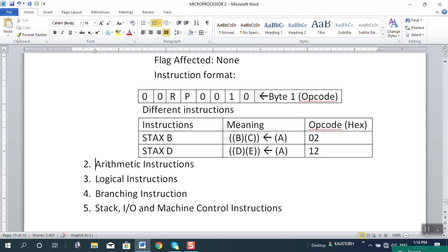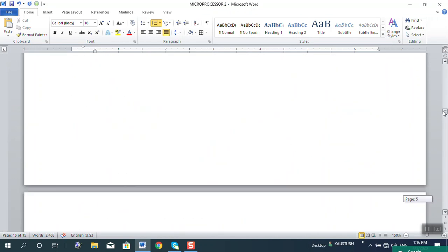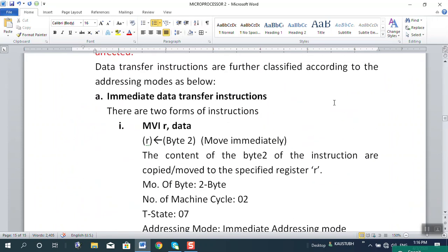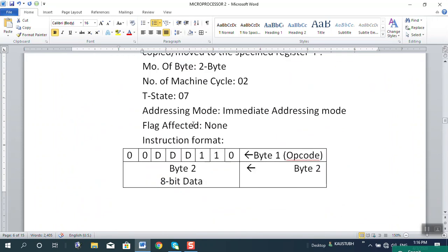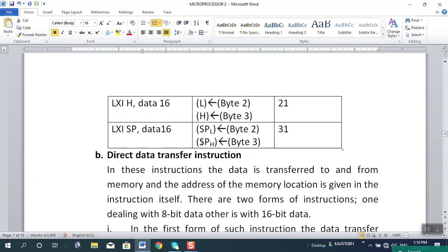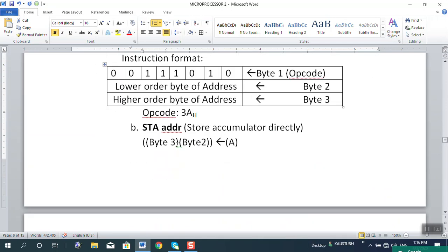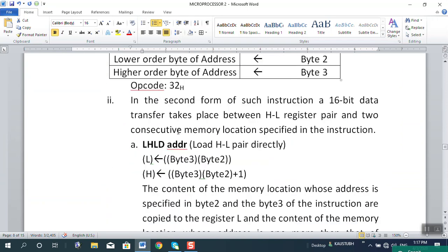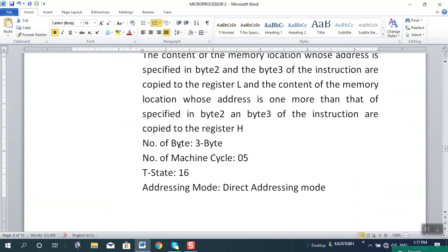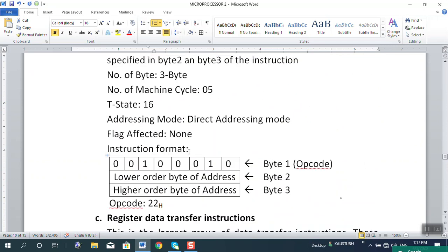Okay, that's all about the data transfer instructions. The different data transfer instructions are: immediate data transfer, MVI R, data, then LXI RP, data 16, that is 16-bit data. Then direct data transfer: LDA address, STA address, where LDA is load accumulator and STA is store accumulator. Then LHLD address, load HL register pair directly, and SHLD address, store HL pair directly.